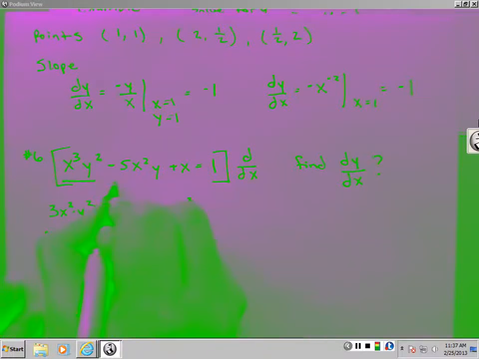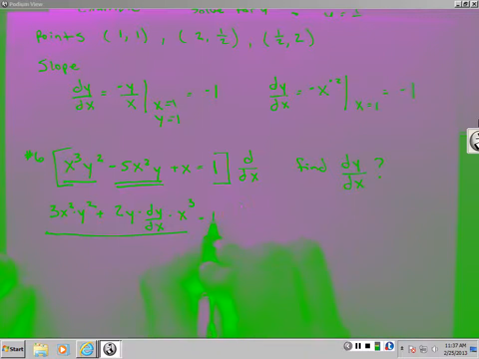So let's look at the second term. Oh, this pen is dying. Okay, so what is the derivative of minus 5x squared y? Minus 10xy. Very good. So I have minus 10xy, plus dy.